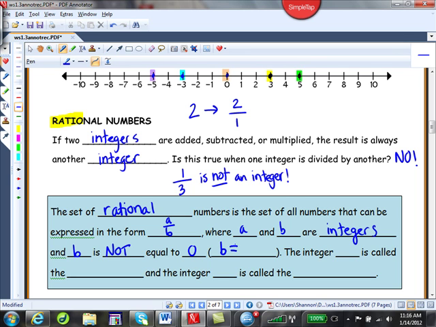So in math terms, it would look like this. The integer a is called the numerator, and the integer b is called the denominator.